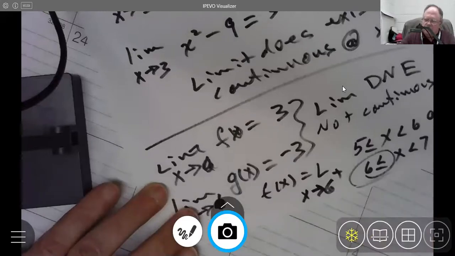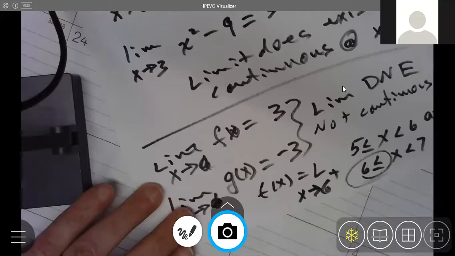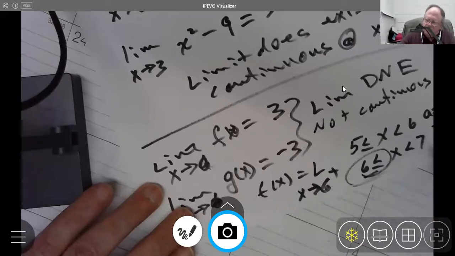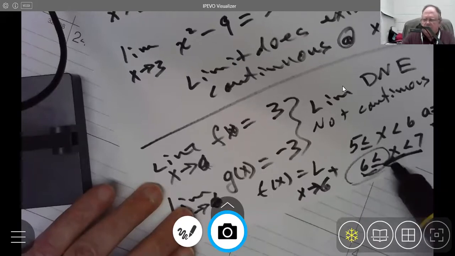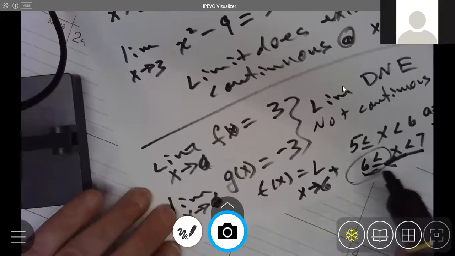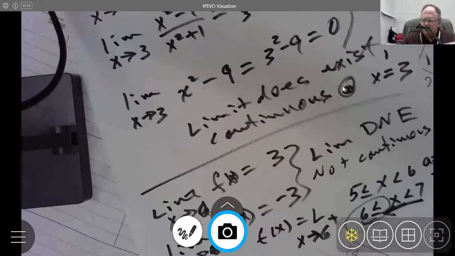So you could say the limit doesn't exist, but because 6 is less than or equal to 6, you could say that the limit does exist going from the right. Okay, so you could say that. Any other questions?